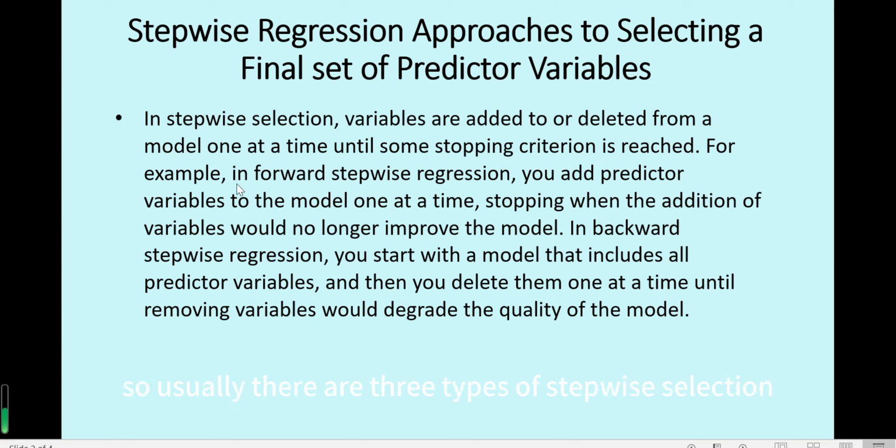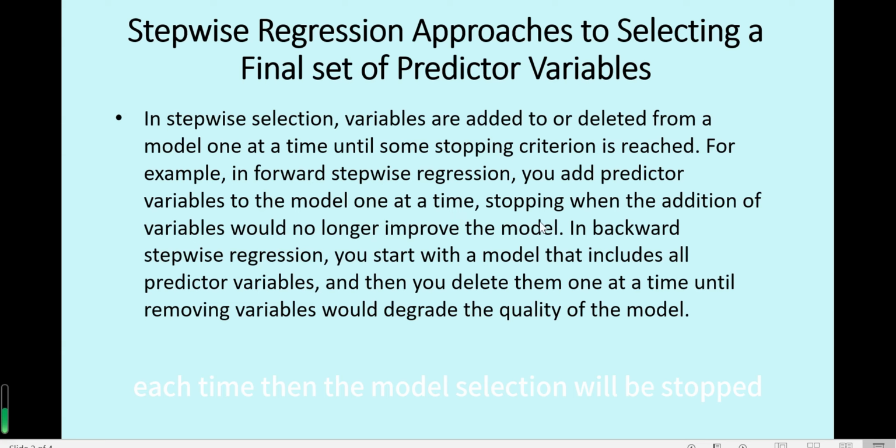Usually there are three types of stepwise selection. The first is forward stepwise regression. In this kind of model selection, you add predictor variables to the model one at a time, so the model becomes more complicated each time.